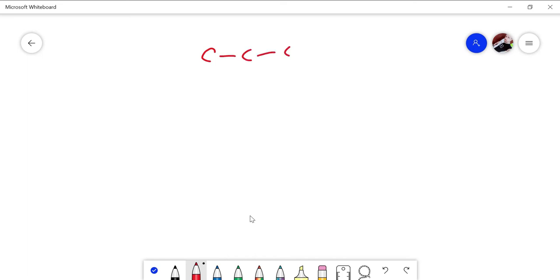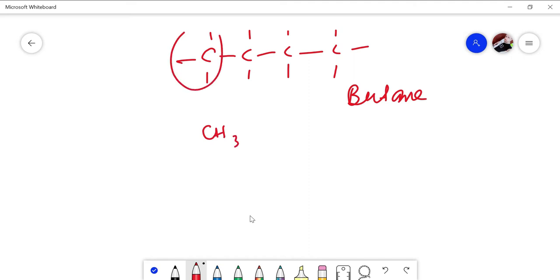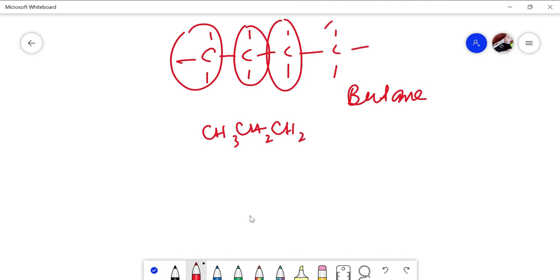What is the name of this compound? Butane. If I make it short, this one is CH3, this one is CH2, this one is CH2, and this one is CH3.